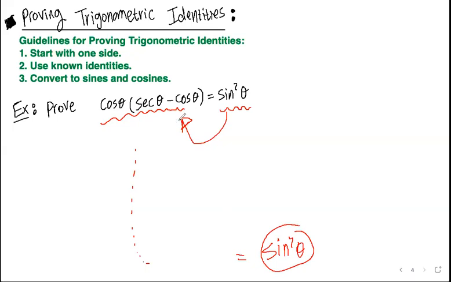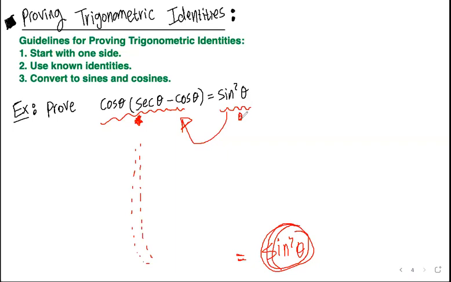Okay, one more time. There are two ways for proof. The first way is to hold one side, for example this, and simplify it. At the end of the simplification, you arrive at this point, which means I proved the expression.